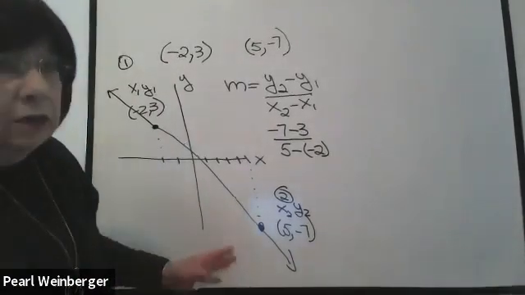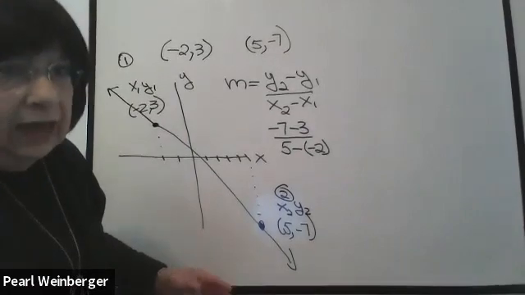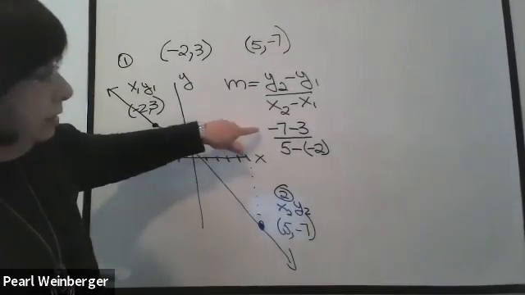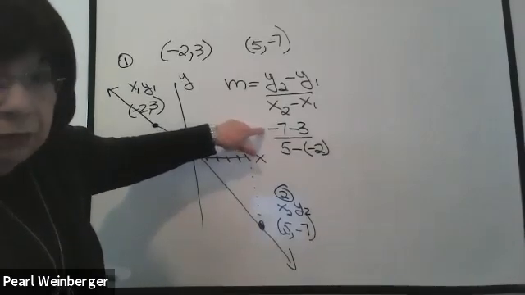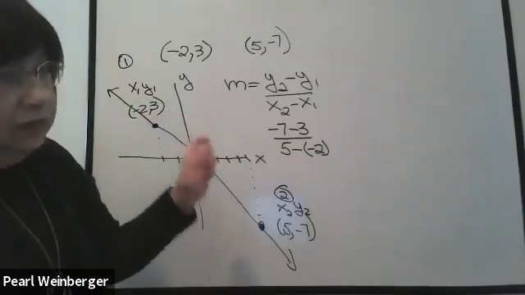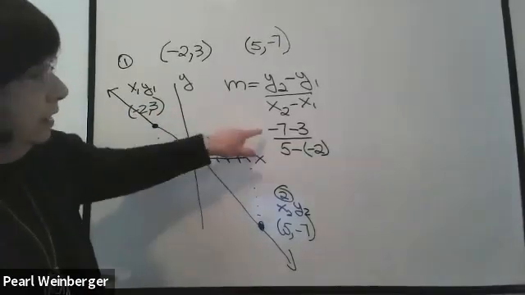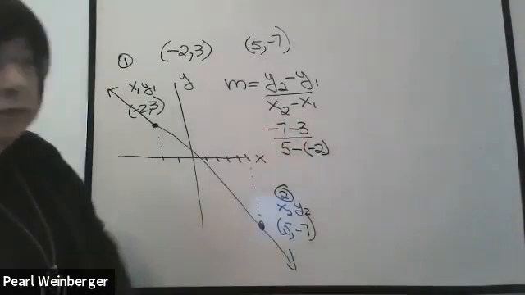Now you have to be careful with your numbers. If you have trouble, take out your calculator. And in your calculator, do -7. Now remember, when you're putting in a negative number, you have to use that special negative. It's not the subtraction sign. This is -7 subtract 3.